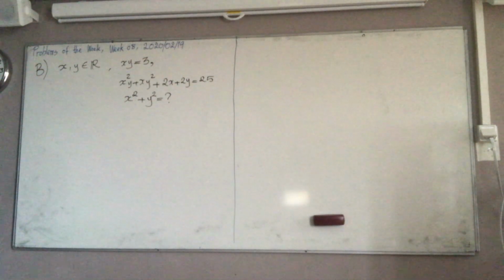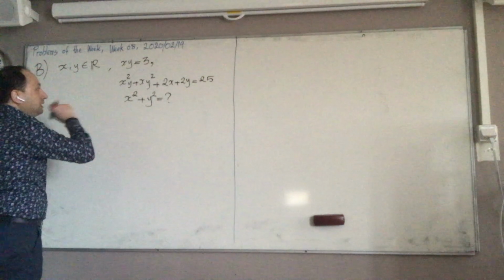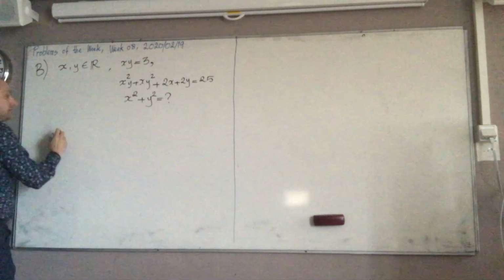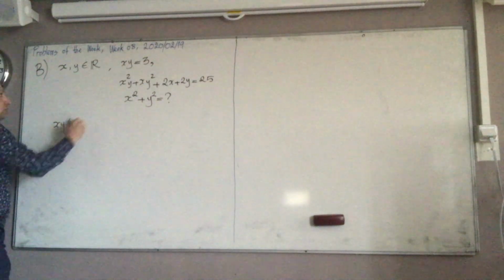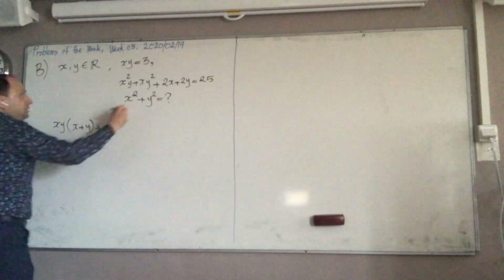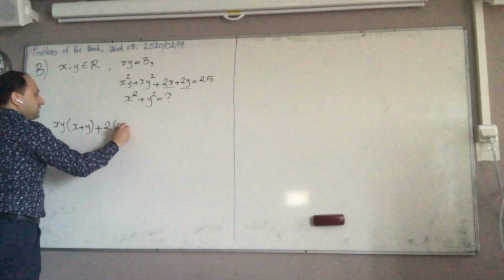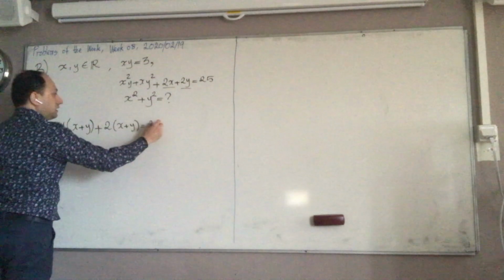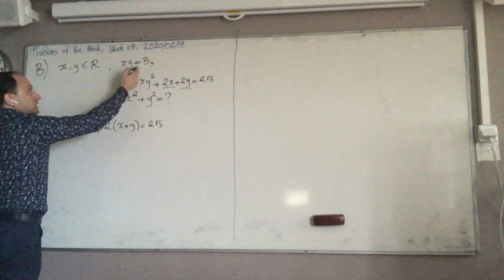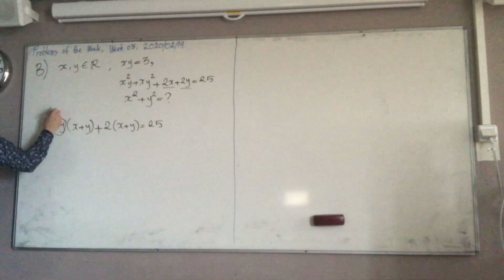Okay. This is fairly simple, yes? So for example, if you look here, between these two terms, I can factor xy out. What is left for me is x plus y. Between these two terms, I can factor 2 out. What is left is x plus y, and on the right-hand side, I have 25. But I can use this information that xy is 3, so I replace this xy with 3.